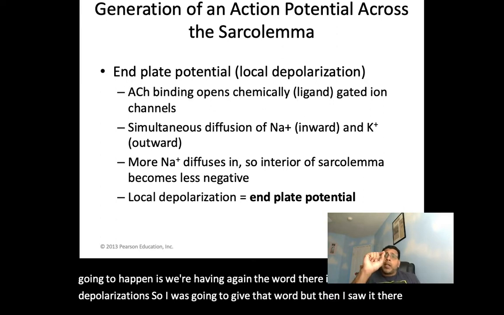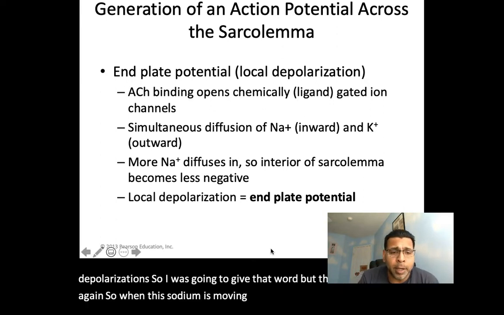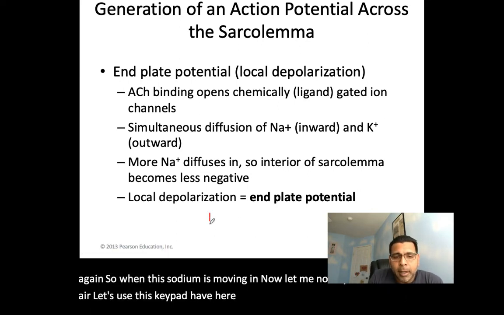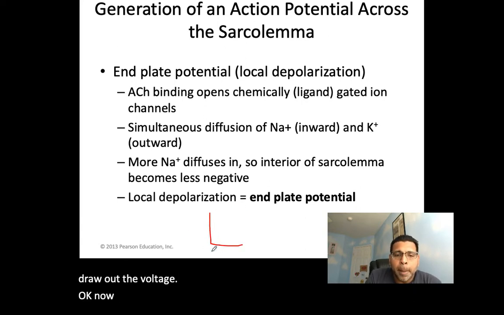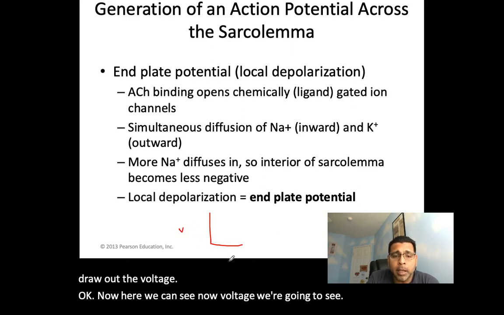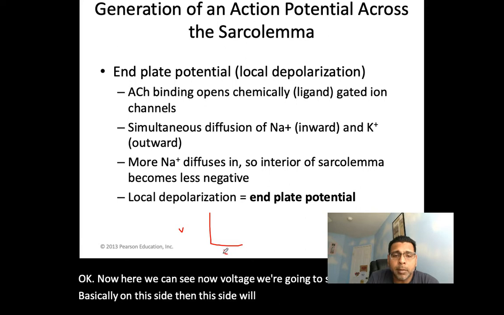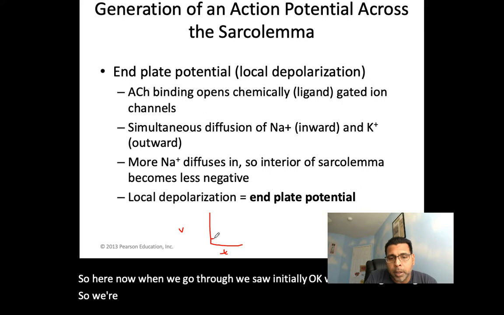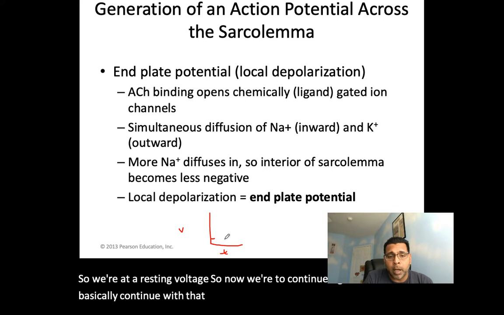Let me not try to draw it in the air. Let's use this keypad I have here. Let's say we were to draw out the voltage on this side, and time on this side. Initially we're at resting voltage, and we continue with that line all the way across the screen.